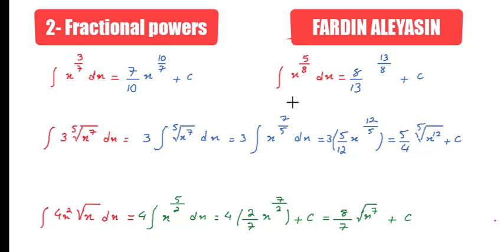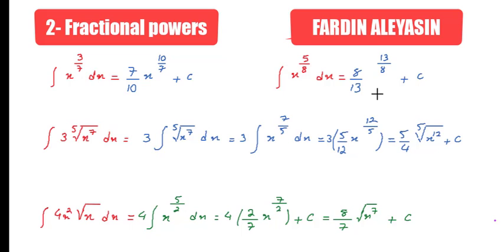In the second example, I'm going to integrate x to the power of 5/8. I still use the same power rule. I mean add 1 to my power, and the result is my new power: 5/8 plus 1 gives me 8 as a common denominator, and in the top I will have 5 plus 8, which gets 13, because 1 equals 8/8.